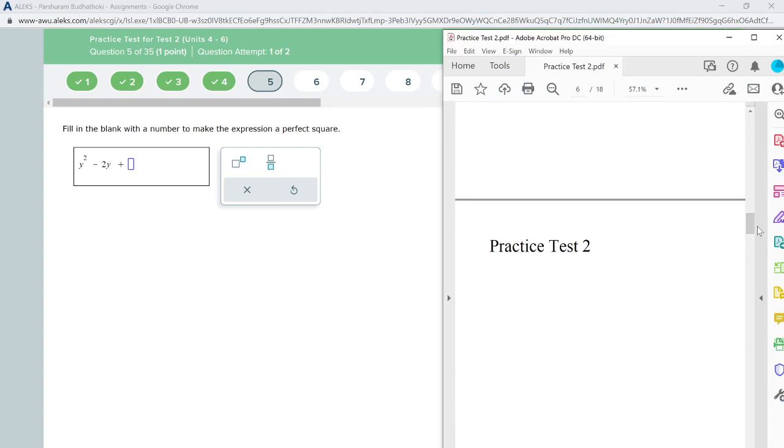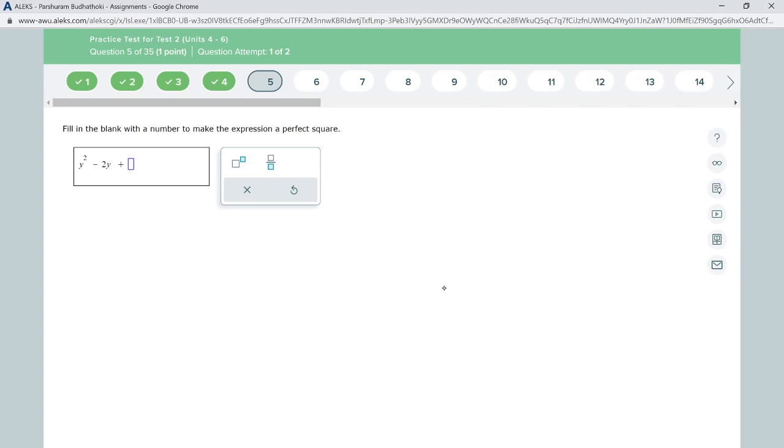In this case, it's a 2. If you divide 2 by 2, that gives you 1. So you have to add the square of that number, the square of 1. Luckily, the square of 1 is still 1, so it doesn't matter, but you have to take the square of any number which comes from dividing by 2.